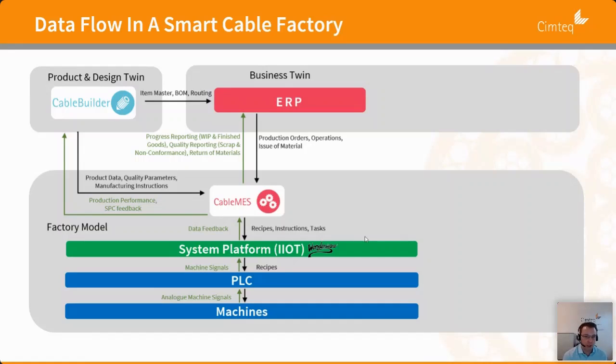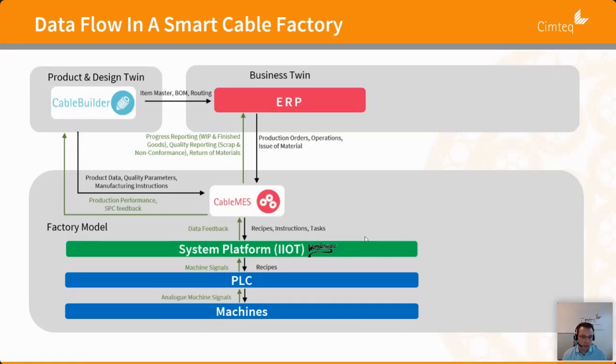So if the ERP issues a production order, the MES executes it by breaking out the jobs across to the different machines or work centers that you have, telling the operators what recipes to use, giving them the instructions.